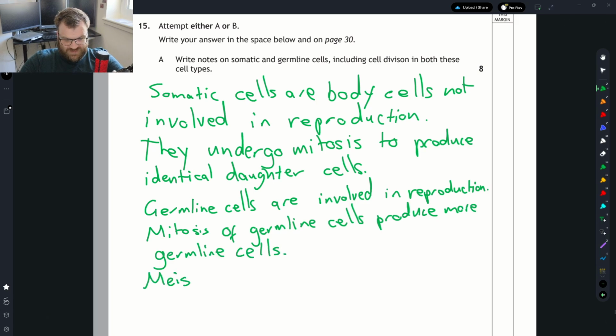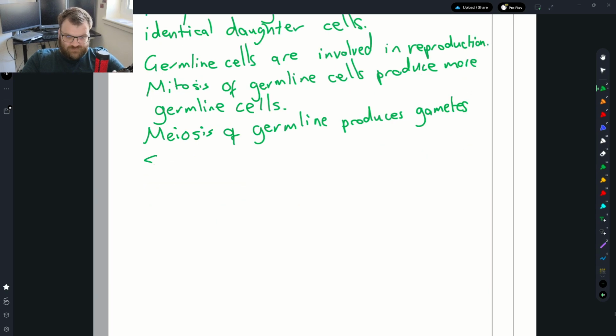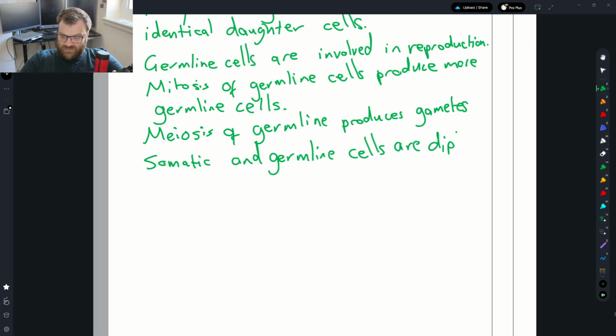And meiosis, it's only germline that can do it, not the somatic. We can talk about diploid and haploid. So somatic and germline cells are diploid with two sets of chromosomes.